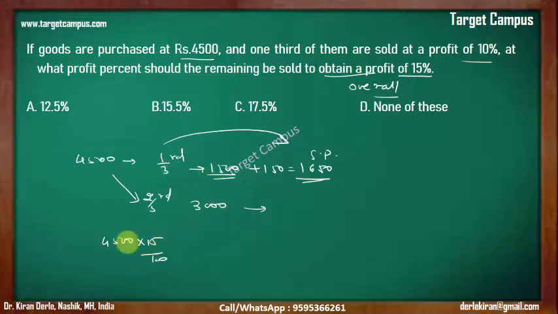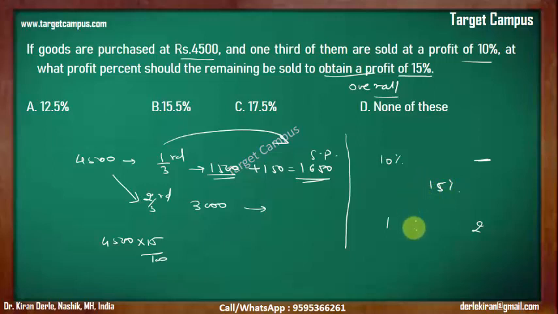This is just to make you understand, right? But if you use the allegation approach here, the first part is one third, so if this is 1, this is 2. This is the ratio 1:2. The first part is 10%, we are asked to calculate the other part, and the overall profit percent is given as 15%.